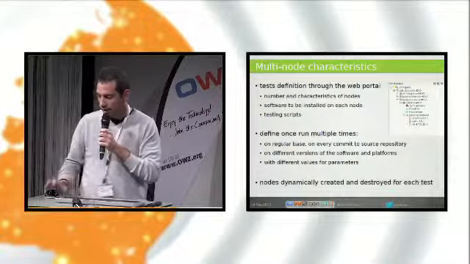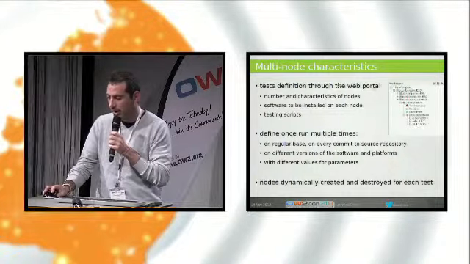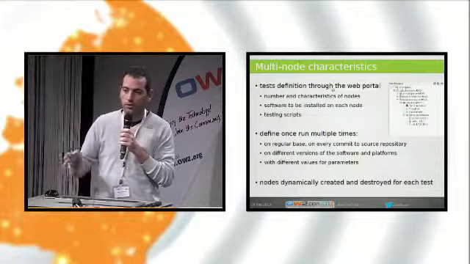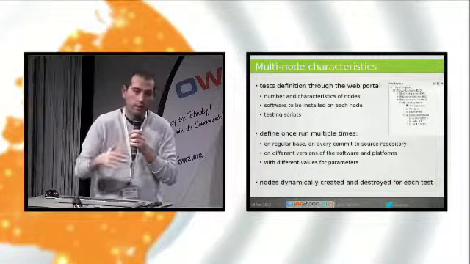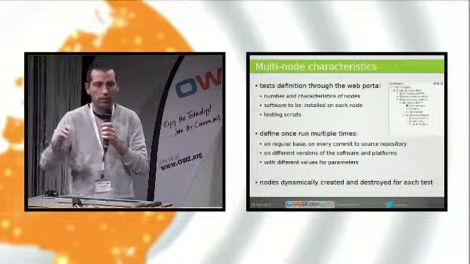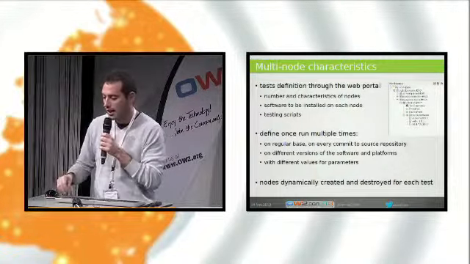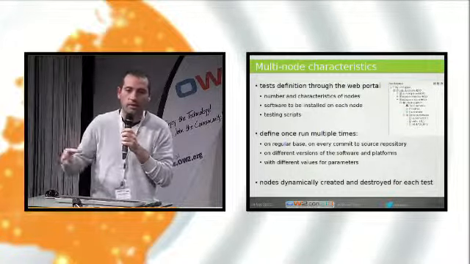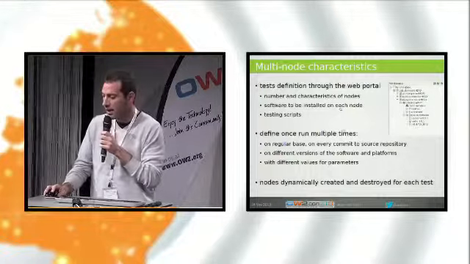Some other characteristics of this multi-node testing: as I said at the beginning, everything is done through the web portal. So the user selects the number of nodes that he needs for the test. For each node, he selects the components that he wants to deploy on the node, and then specifies the testing scripts, which are the scripts that actually are executed during the test.